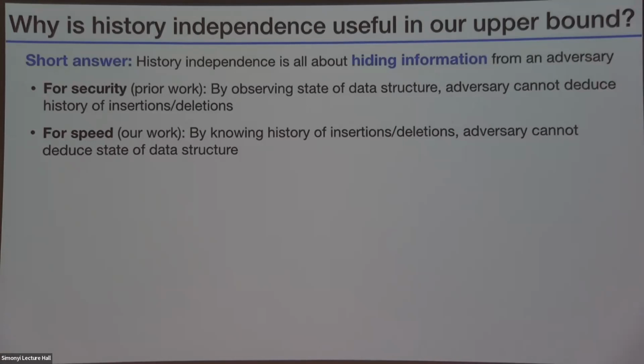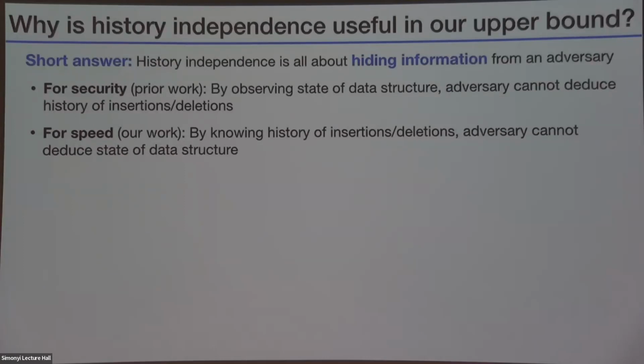On the other hand, when you use history independence for the purpose of speed, we're reversing the order of things. We're saying that by knowing the history of insertions and deletions, the adversary can't know anything about the current state of the data structure. Of course, the adversary knows the whole history of insertions and deletions, because they're the one who defines it.